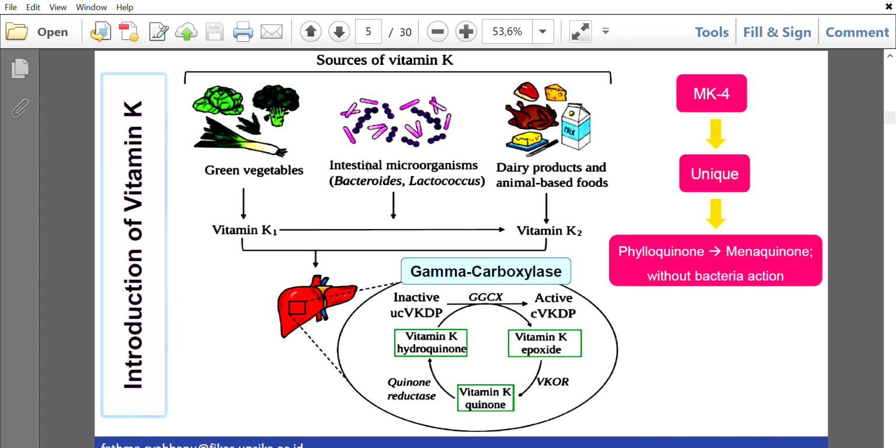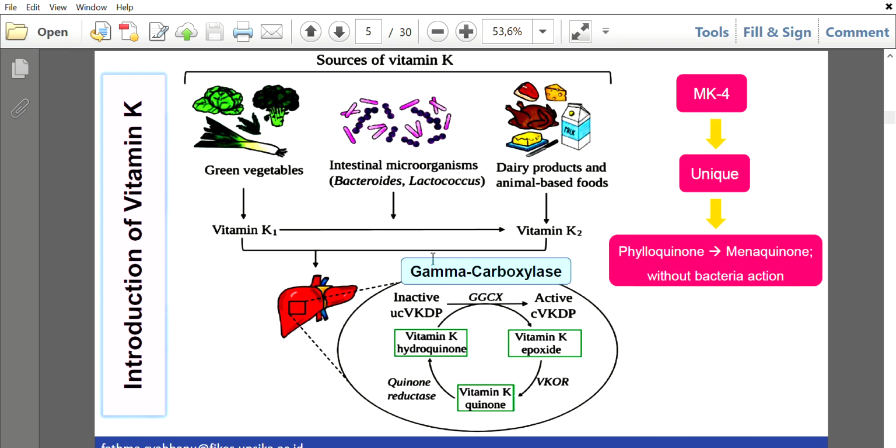The intestinal microorganisms can convert phylloquinone to menaquinone in the large intestine or distal colon and terminal ileum.